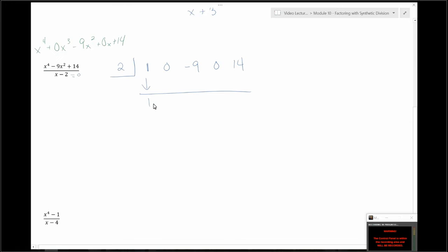So we drop down the first term, multiply in a check, and add down. Multiply in a check, add down. Multiply in a check, add down. Multiply in a check, and add down. So like before, this last thing that we're getting is the remainder.